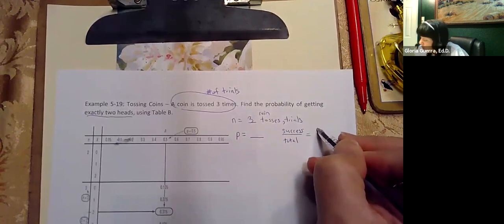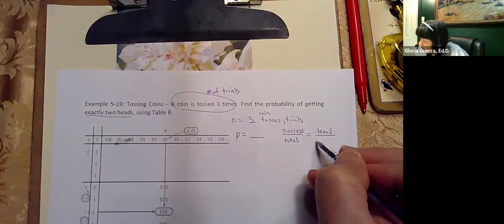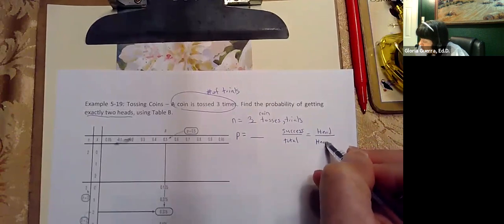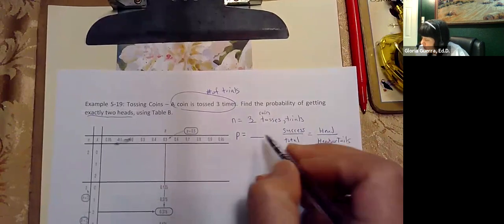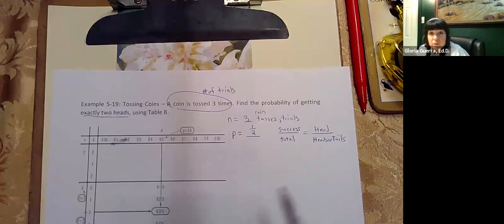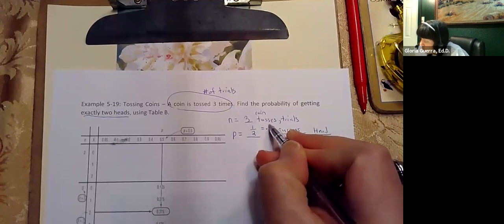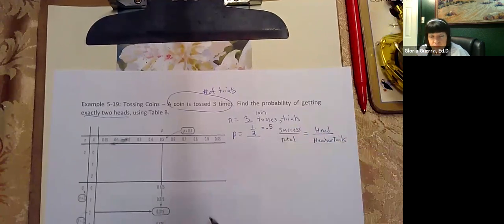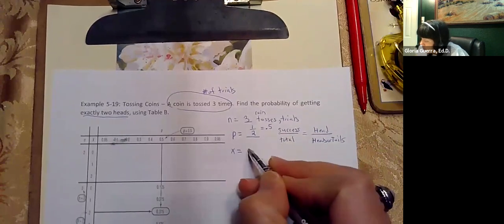So here they're interested in the heads, but the denominator could be heads or tails. So that's why the probability here is 1/2, heads over heads or tails, so that's 2. And 1/2 is equal to 0.5, okay? And then the x is exactly 2.